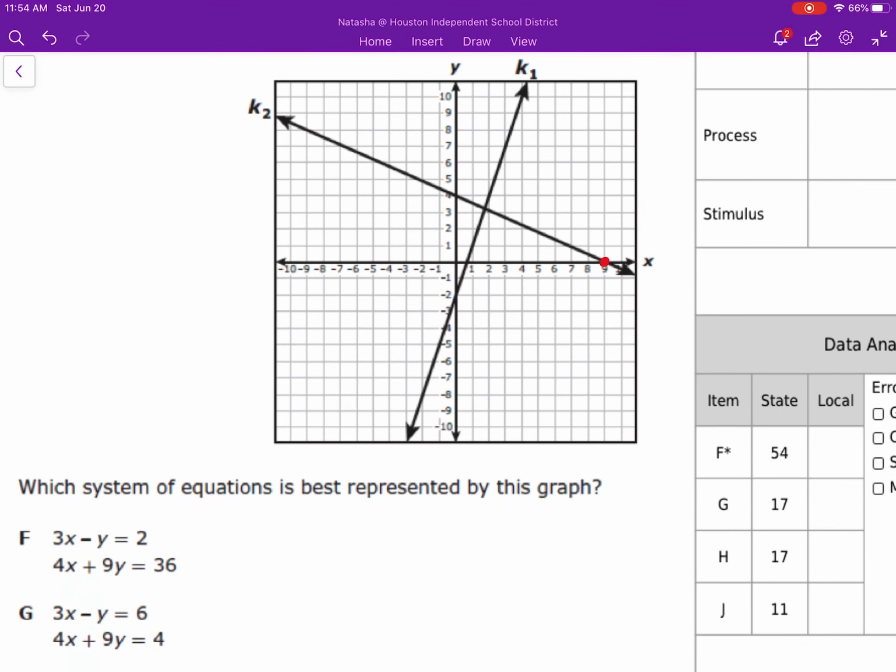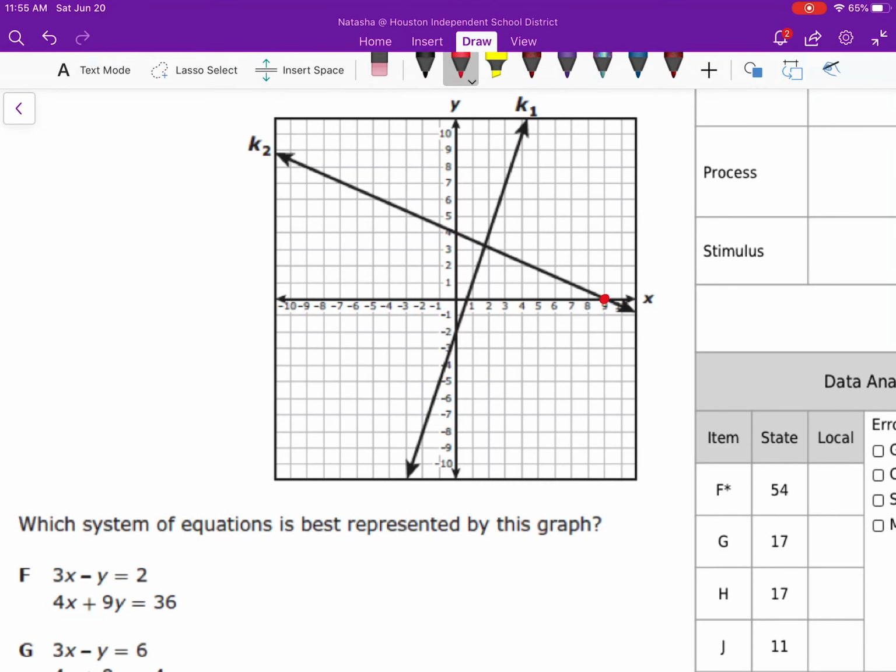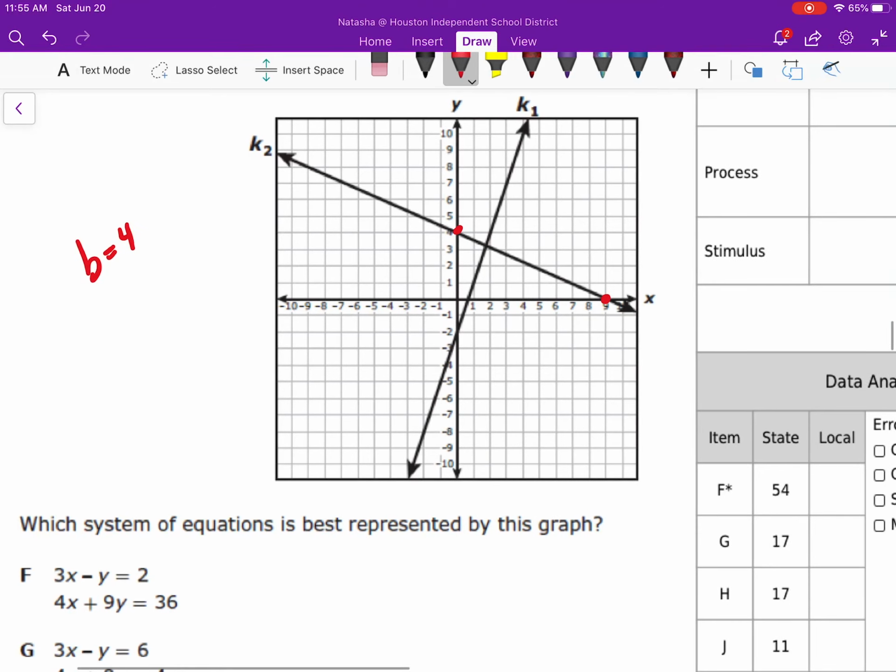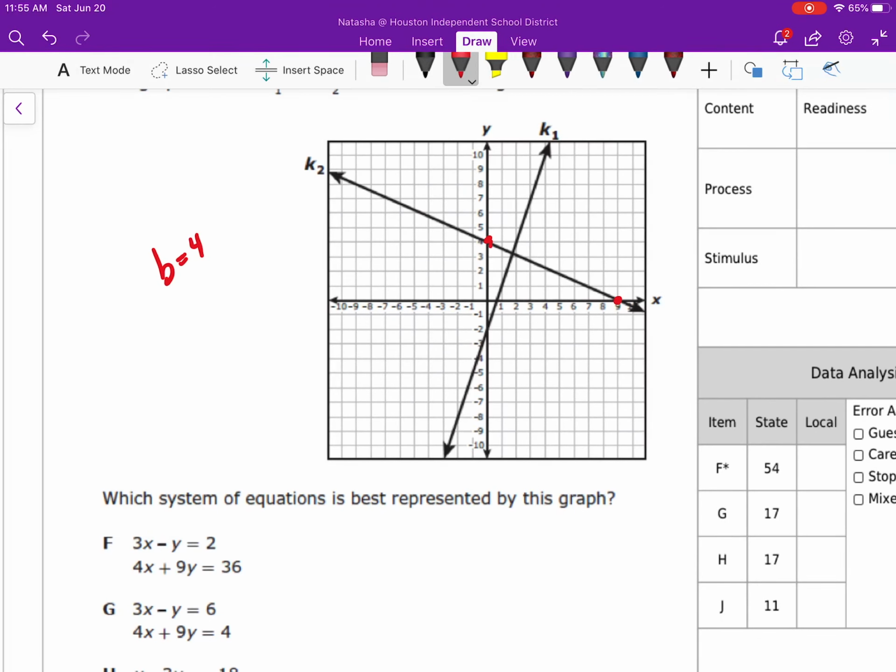Yep, that's my y-intercept. B is still 4. So that's going to be down 1, 2, 3, 4, negative 4, and then it's 9. That doesn't reduce.